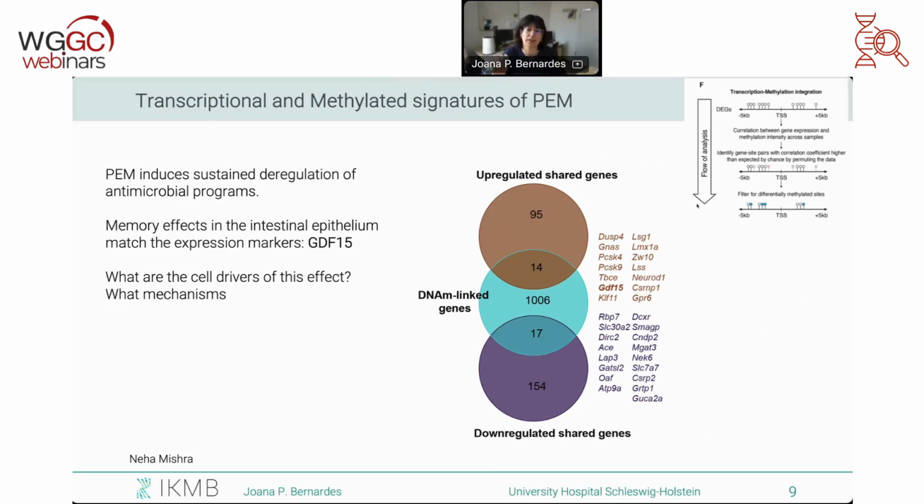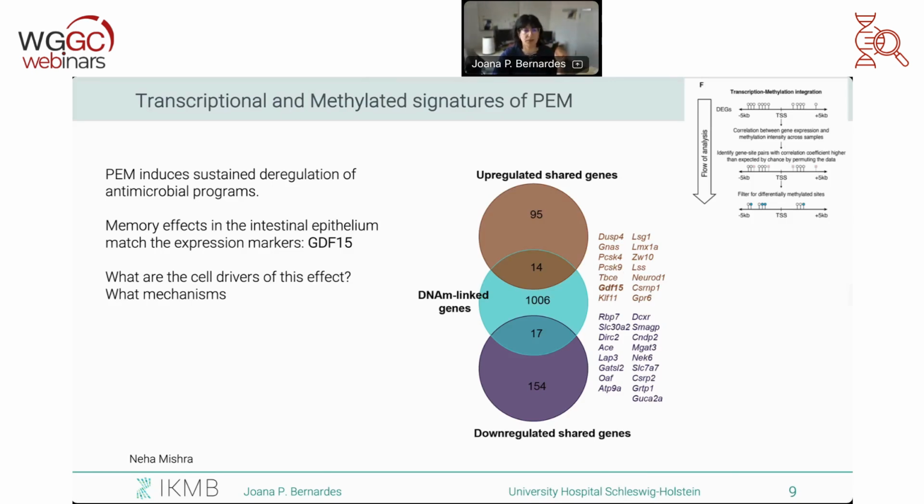This we call the DNA methylation linked genes. And we find several genes that do have this pattern. Then, analyzing these genes and going back into the literature, we found a gene that was quite interesting for us, which is GDF15.